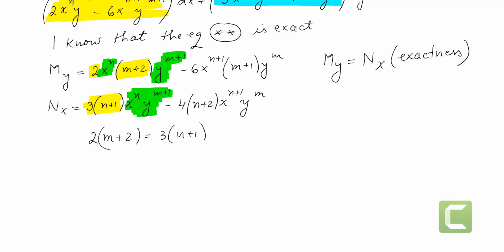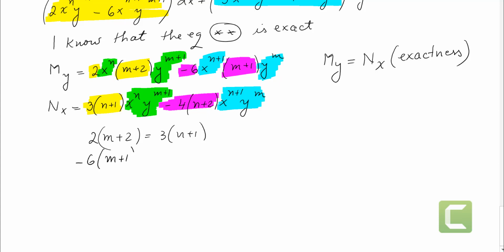And the same thing for the next part. The term x to the n plus 1, y to the m is here as well. So their coefficients, negative 6 times (m plus 1), must equal negative 4 times (n plus 2).